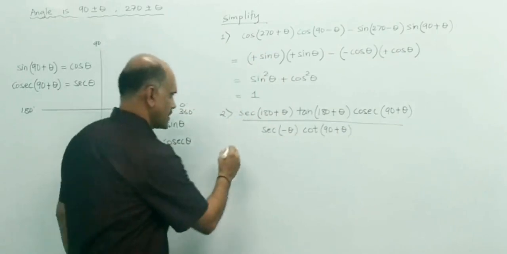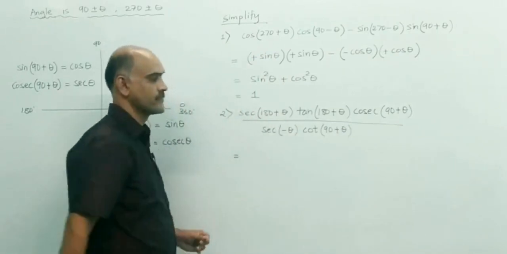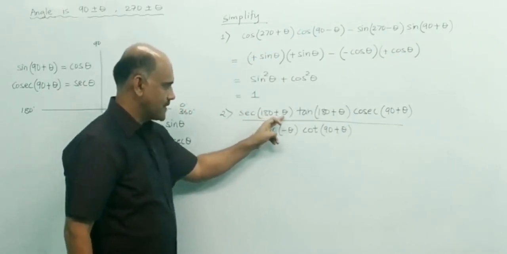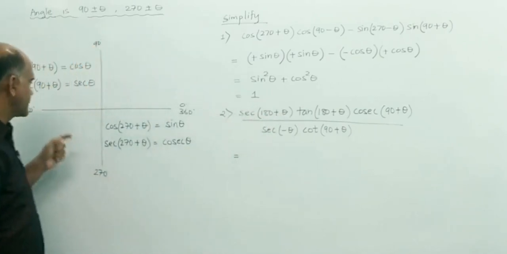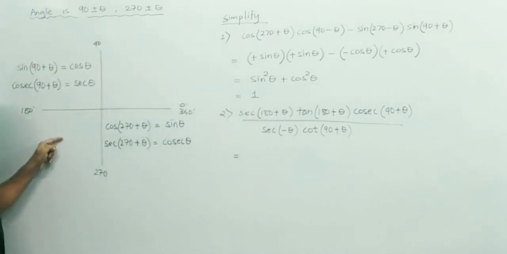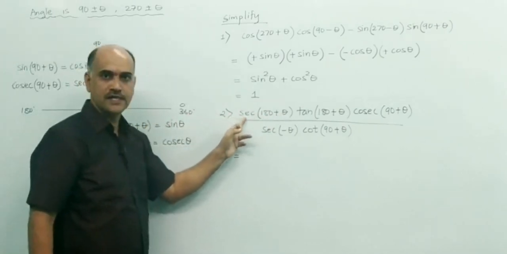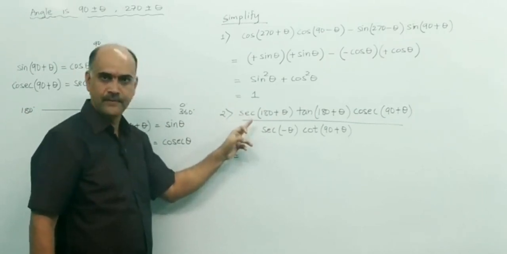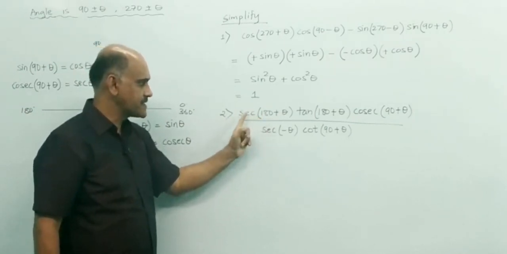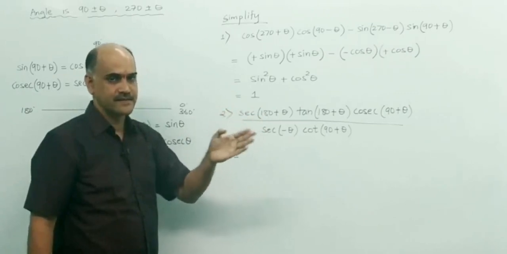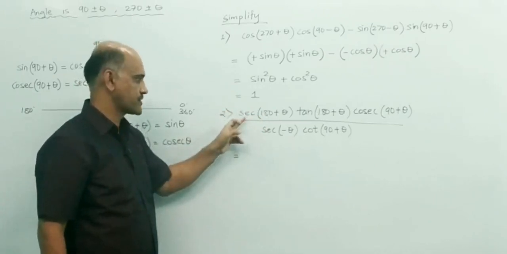So now you simplify. 180 plus means it is in third quadrant. In third quadrant secant is negative. 180 is there means it remains secant as it is. It does not change to cosec.